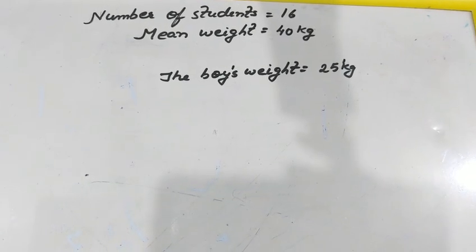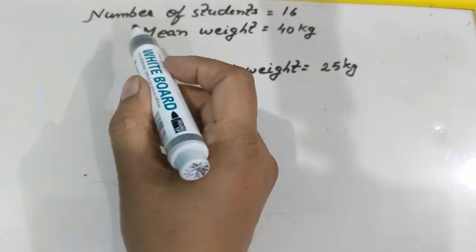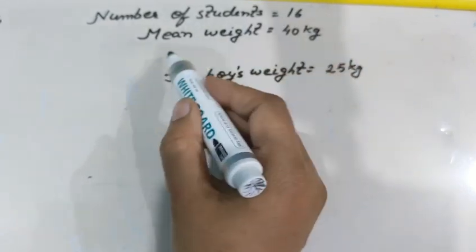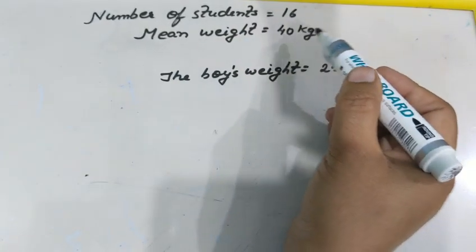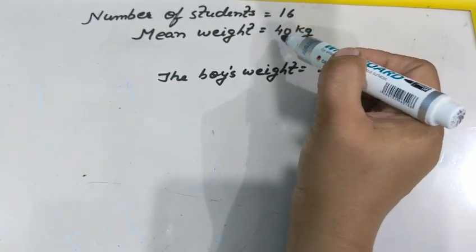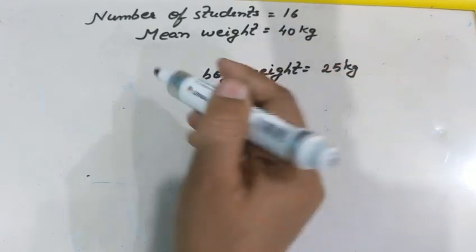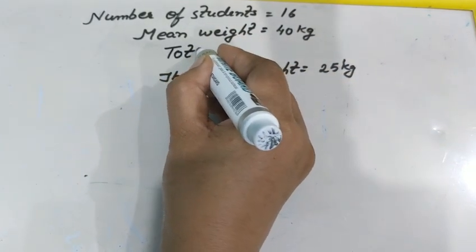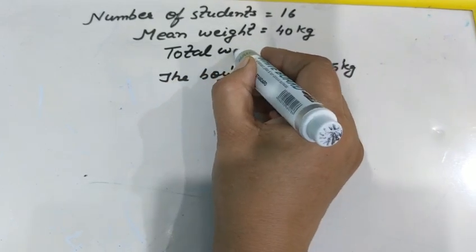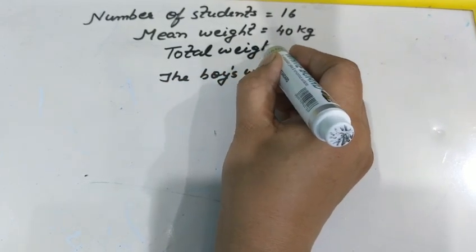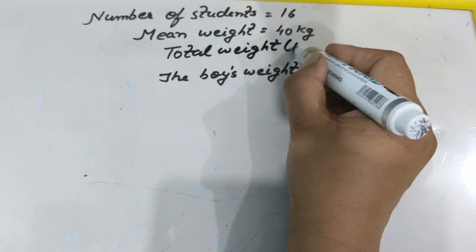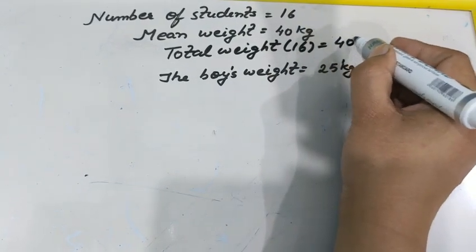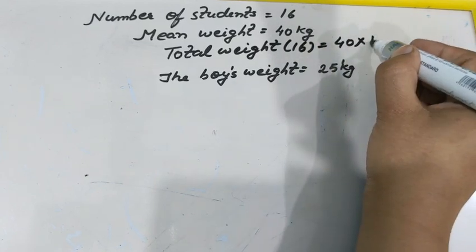So let's try to understand this question. You are given that the total number of students is 16 and their mean weight is 40 kg. It means when we multiply the two, you'll get the weight of how many students? 16 students. So let's write the total weight of 16 students equals the mean, that is 40, into number of observation 16.